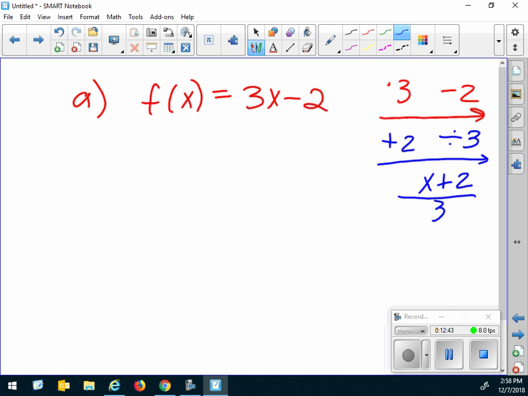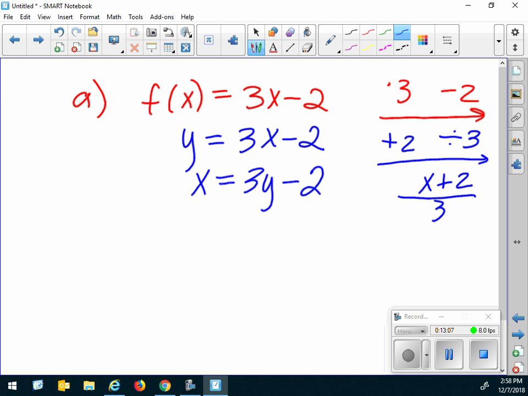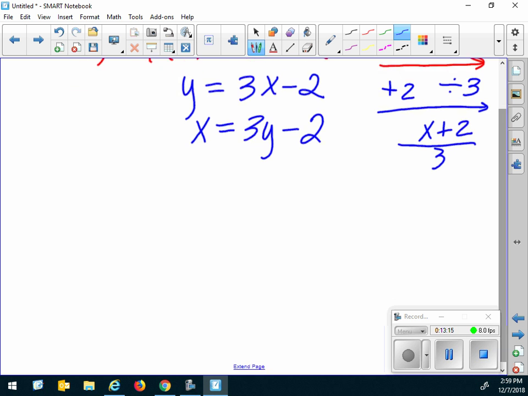Now, look at step 1. Replace f of x with y. So what are you going to write down? y equals 3x minus 2. What's step 2? Switch x and y. So just switch them. And remember, you're doing that because the domain and range switch on inverses. Then what does step 3 say? Solve for y. How do I get that y by itself? Add 2.